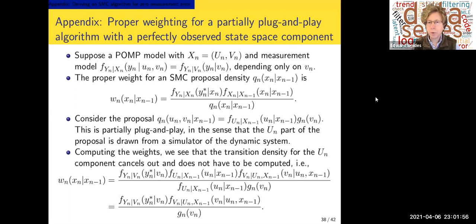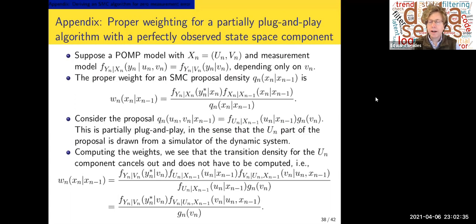So there's a part u_n that's entirely unmeasured. And we're going to make a proposal for which the u_n part is the plug and play transition density f of u_n given x_{n-1}, and the other part could be anything else. We're going to call it g_n of v_n. And so it's partially plug and play because only part of it is drawn from the simulator. The v_n part doesn't have to be.